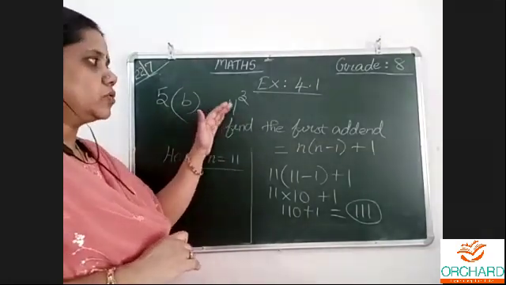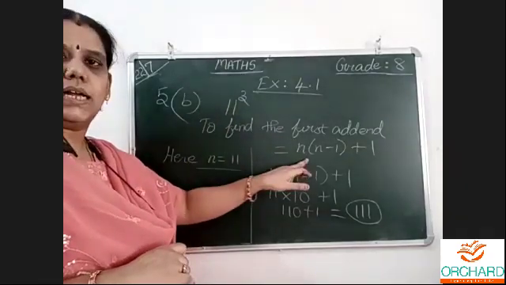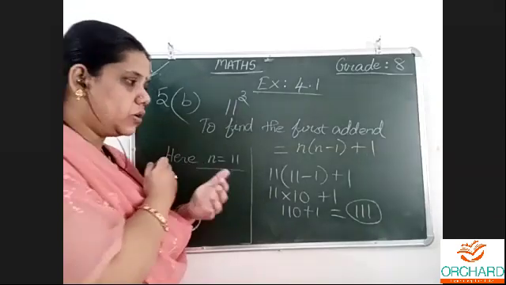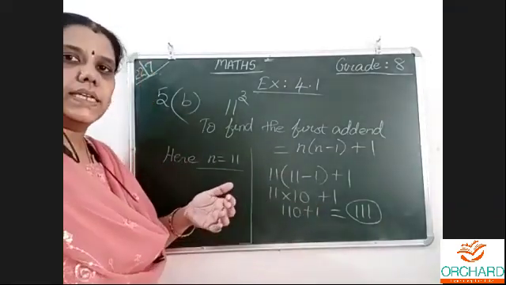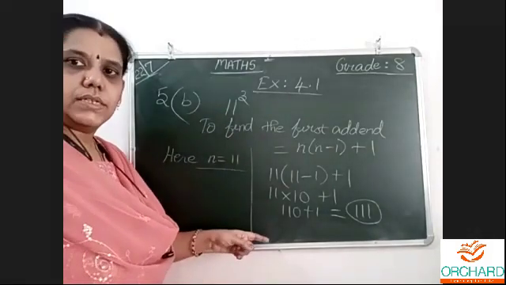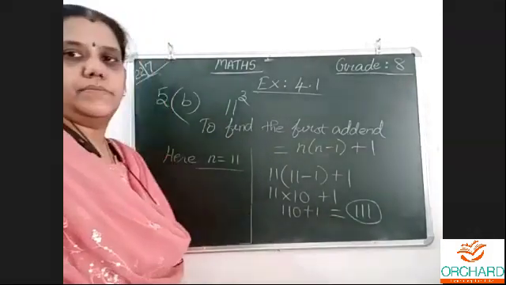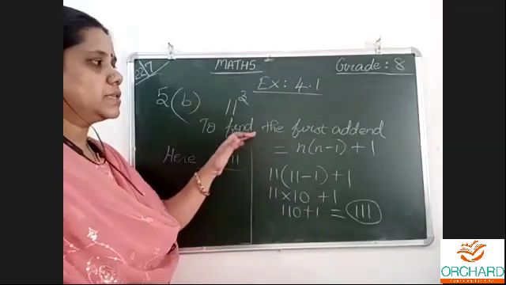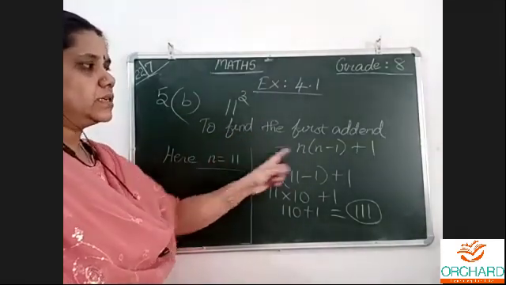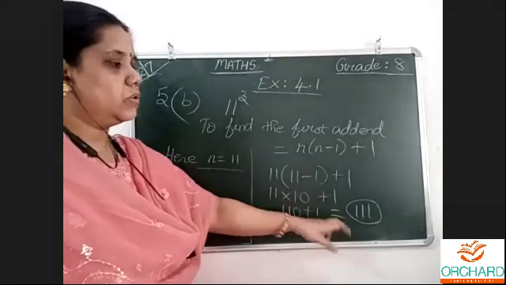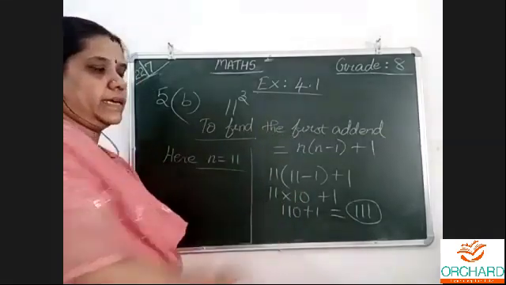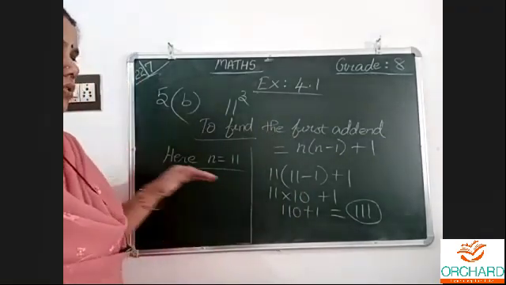So to find the cubes using this formula means listing out the sum of odd numbers, right? 11 odd numbers we have to write, starting from this number. First I wrote the formula, n is equal to 11, I substituted 11, and I got the first addend. This is to find the first addend. Now I am going to list out.